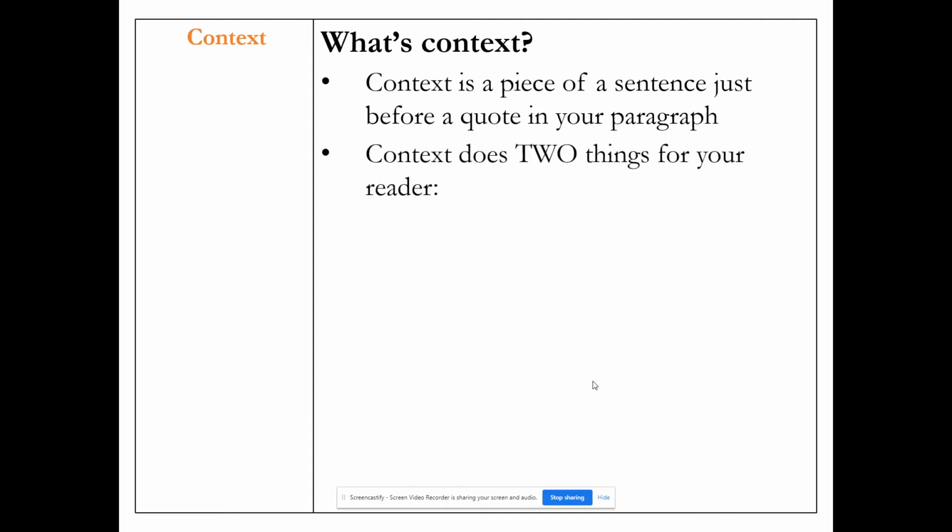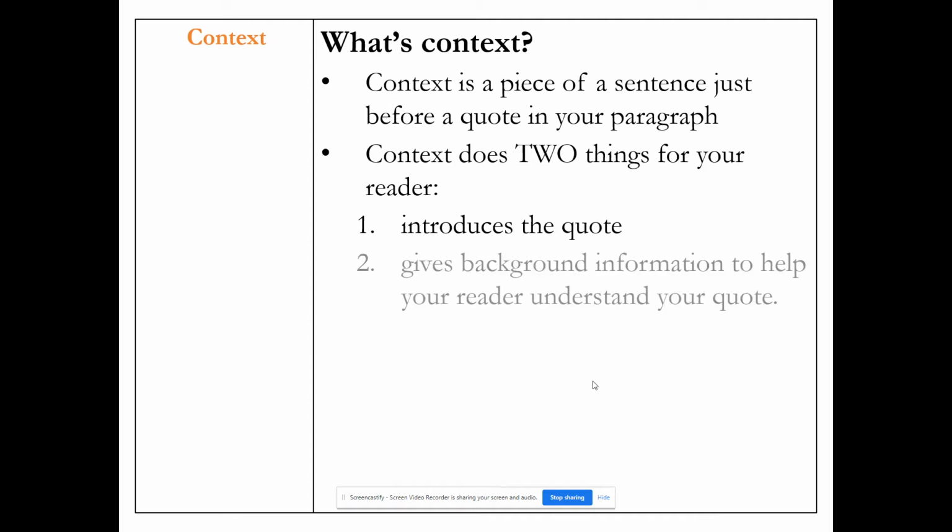So context does two important things for your reader. It introduces the quote, like it actually helps the quote to fit nicely, smoothly into the paragraph. And it gives the reader some background information to help understand your quote, like where it's coming from. It's pretty easy to know where a quote's coming from in a 3-paragraph story that everyone's reading.